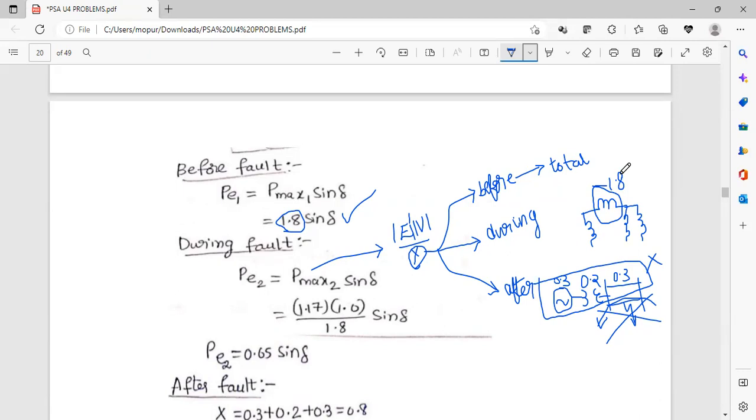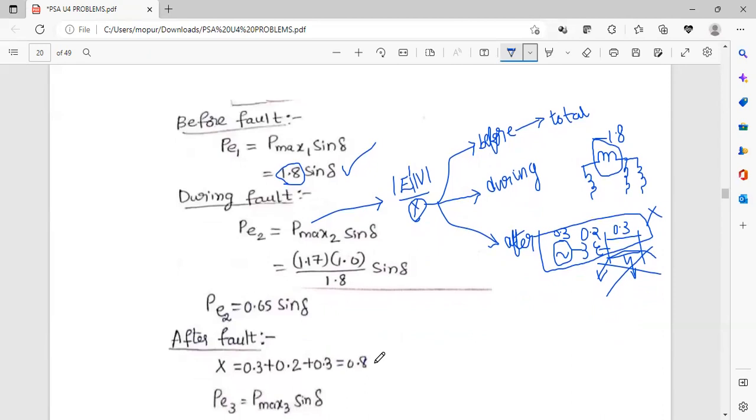Before fault is the one which has X as the total value. During fault is this value. After star delta transformation, the value which is upside. After fault it is isolated. So remove that branch which is having the fault, and take the remaining total value, which is 0.8.